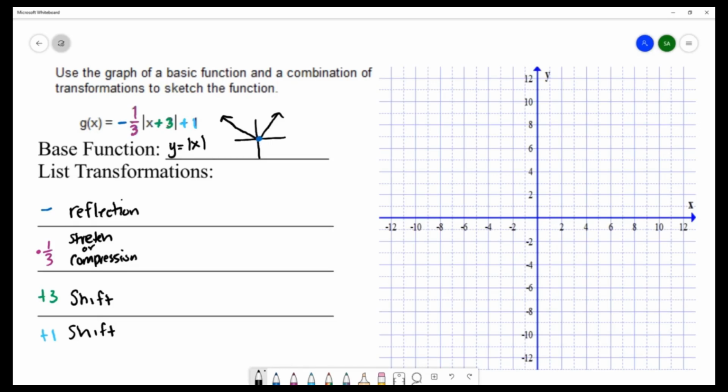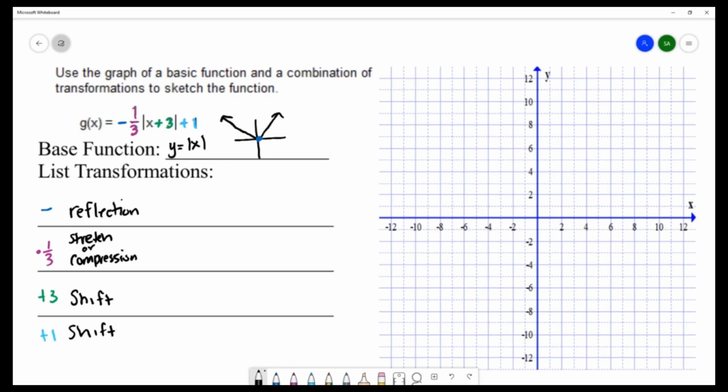So then we want to narrow down what type of reflection, what type of shift, or what type of stretch or compression. And all of these transformations can be put into 2 categories, which are either horizontal or vertical. All of the operations that are inside of our base function, inside of the absolute value, are horizontal transformations.